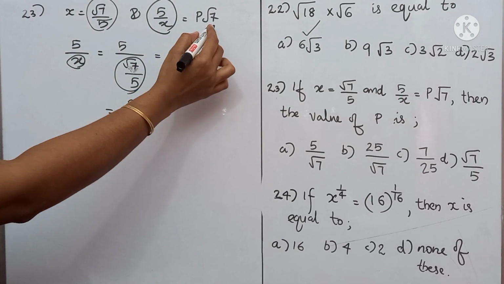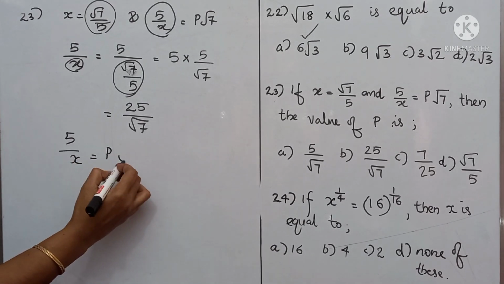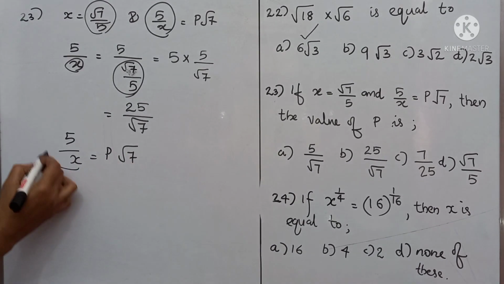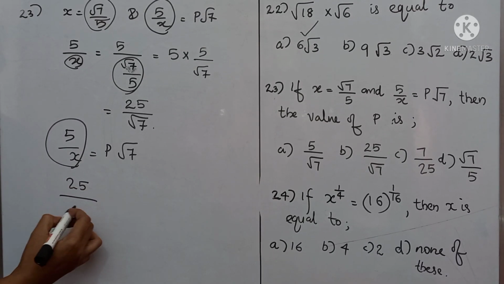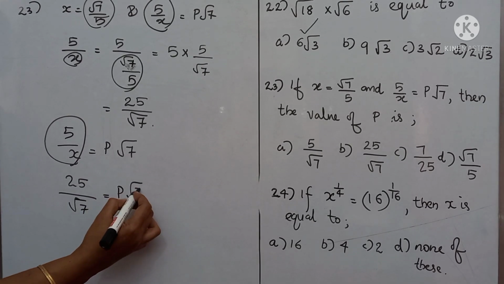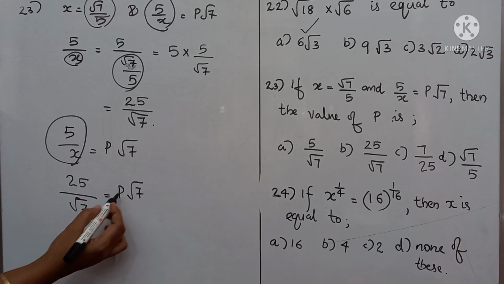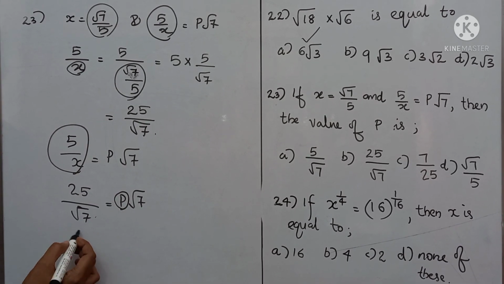And 5 by x equal to p root 7 is given. Instead of 5 by x, we can write 25 by root 7 is equal to p into root 7. Then we can keep this p alone and take this root 7 towards the left.